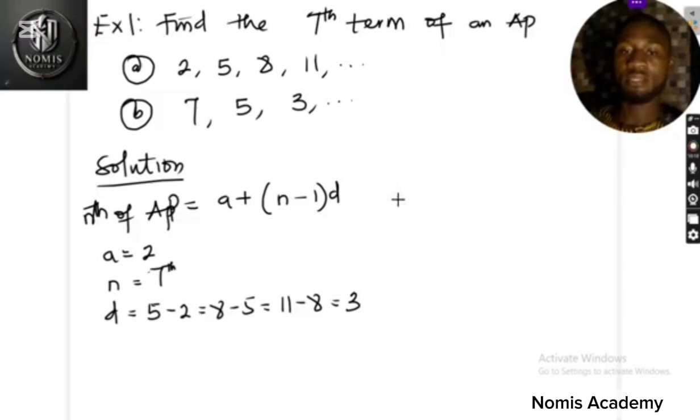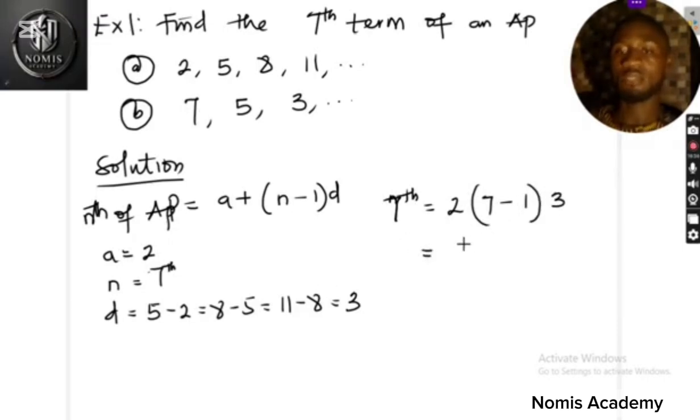So we can then say the seventh term, go straight into the formula. The seventh term is equal to a. Our a now is the first term, which is 2, plus, open bracket, n is 7, minus 1, close bracket. The common difference is 3.